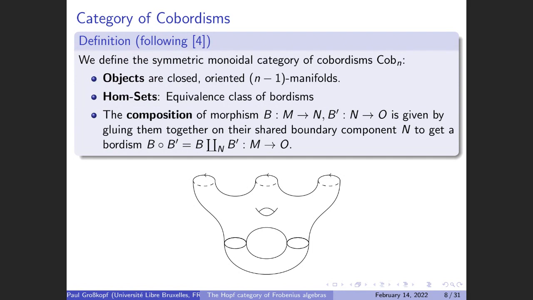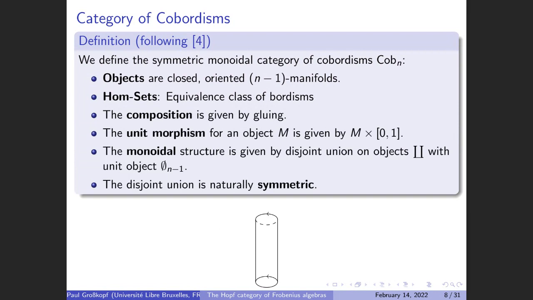The way we glue them together, we can see that this is a composition map for this category. If I say composition, I also need to clarify what the unit morphisms are, and in that case, we just have cylinders.